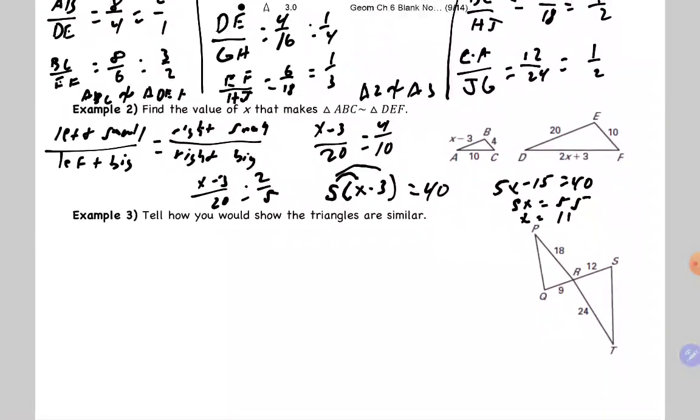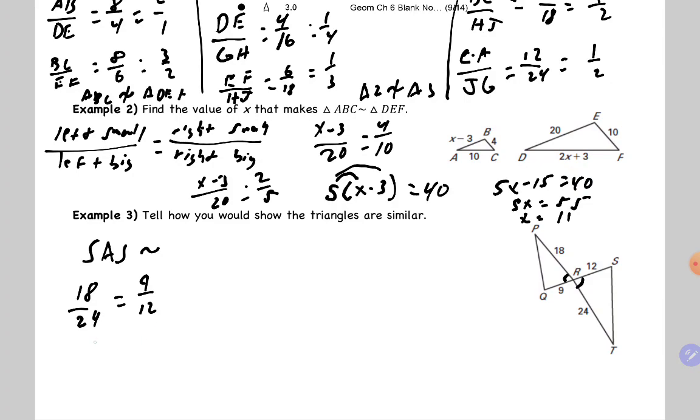Okay, example 3. Tell how you would show that the triangles are similar. They already give us this intersection. Whenever you see an intersection, just put your congruent angles there because they help a lot. We're going to use the SAS similarity theorem in order to do this. 18 over 24, the big side of the left triangle over the big side of the right triangle, is equal to the small side of the left triangle over the small side of the right triangle.